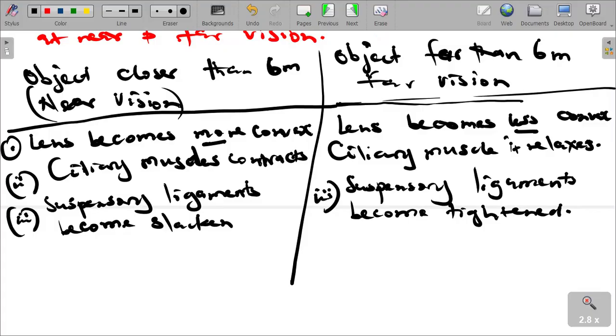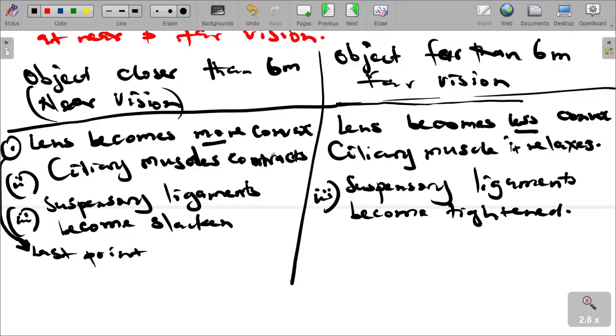So at the end, finally, the lens point must be the last point. The lens therefore becomes less convex, and the lens becomes more convex. That must be the last point if you can follow it properly, in terms of the sequence of explanation that is expected of you.